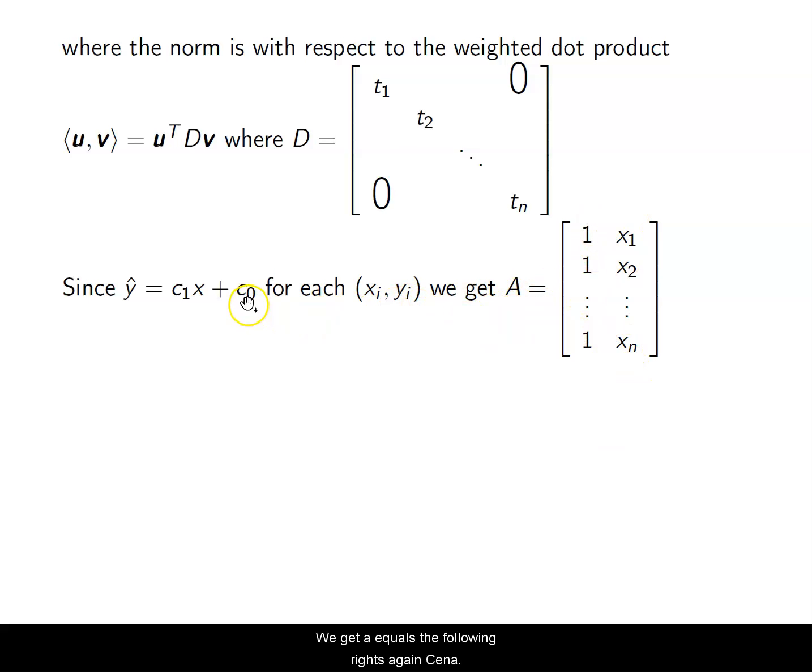It's always c naught here, there's nothing changing. So I always have a constant value because it's always c naught, and then c1 times whatever the x1 value is, and then c naught plus c1 times whatever data value I have for x2. If I'm plugging in values here, I always have some constant plus an input value that's changing, and an output that I get from my regression line.